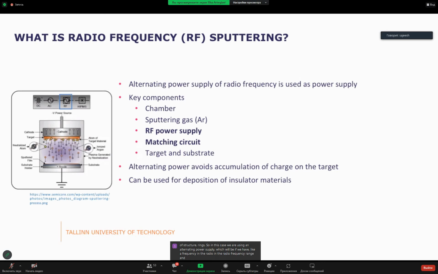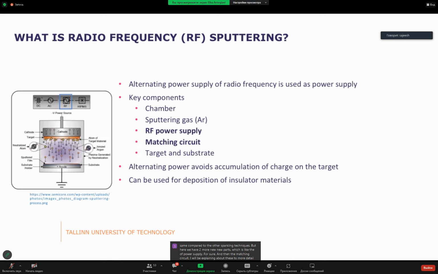The components are chamber, sputtering gas, target and substrate, which are the same as in other sputtering techniques. But here we have two new parts: the RF power supply and the matching circuit. I will explain these two in more detail.